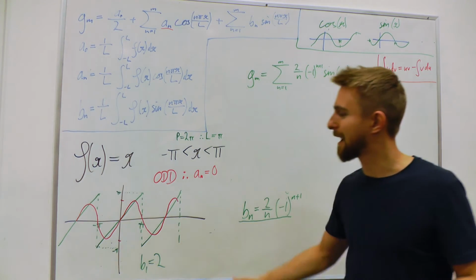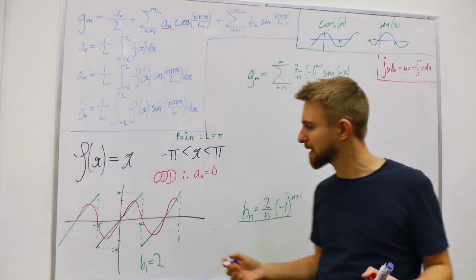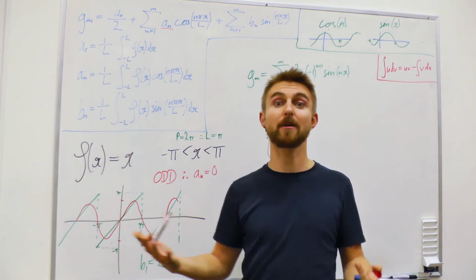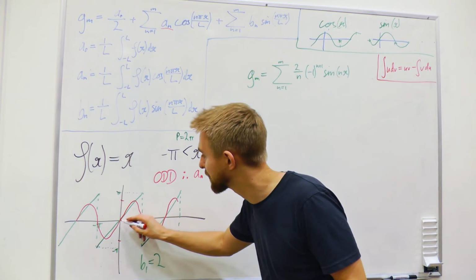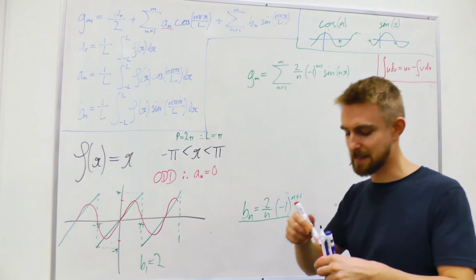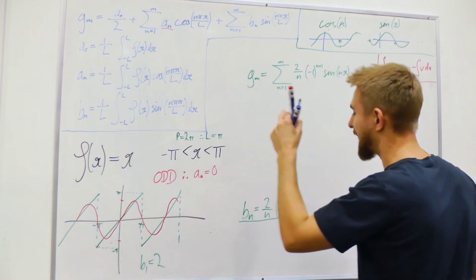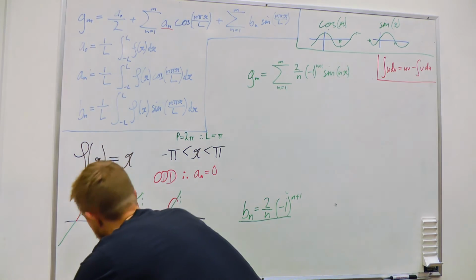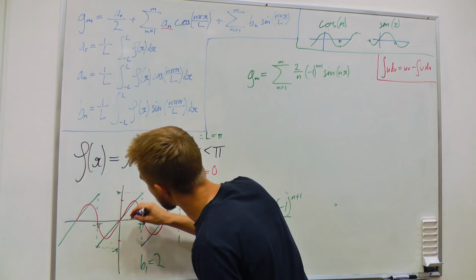Okay, now clearly it doesn't look much like it yet, but at least I hope you can see that it's kind of in the right direction in a way that a cos function never could be. Okay, when the green is coming up and positive, the red function is up and positive. When it's going down, it's down. Okay, so as we add more and more terms to this thing, it's going to start to look more and more like our function.